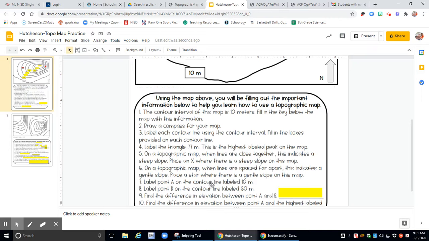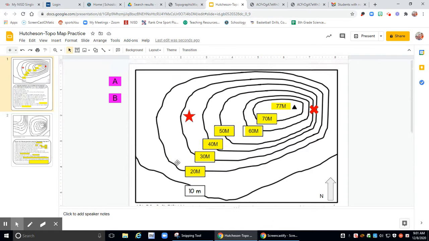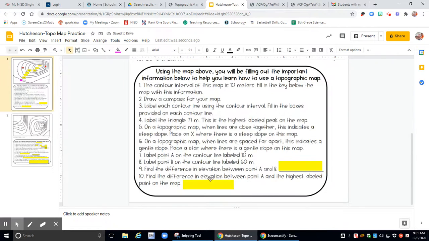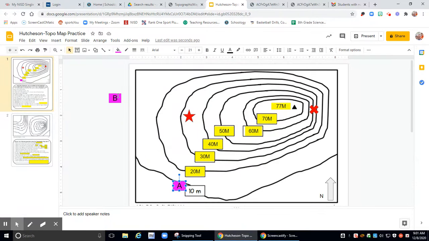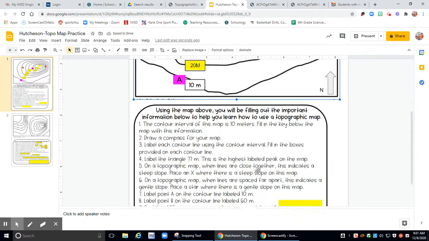Label point A on the contour map labeled 10 meters. Okay, so we're going to take this A here and we're going to drop it right there at the 10. And then it says label point B 60 meters. So we're going to take B and we're going to put it on the 60 meter line right there. Okay.